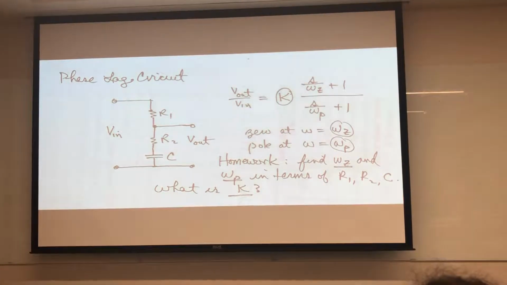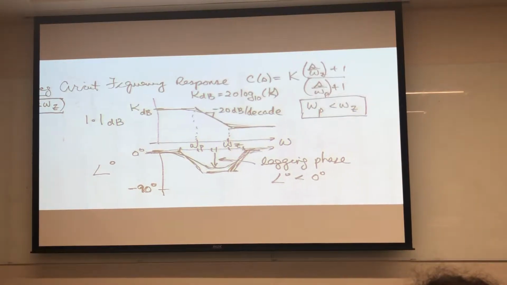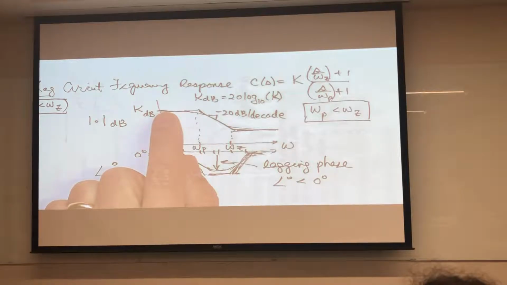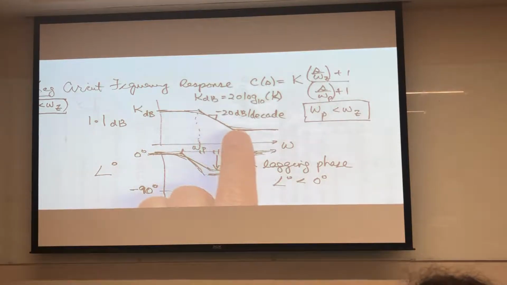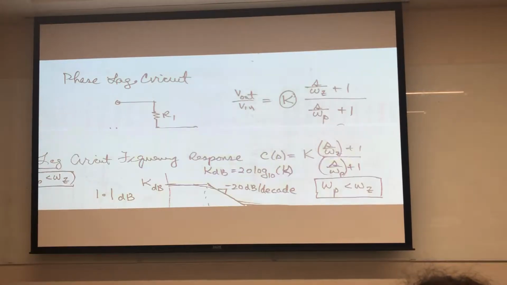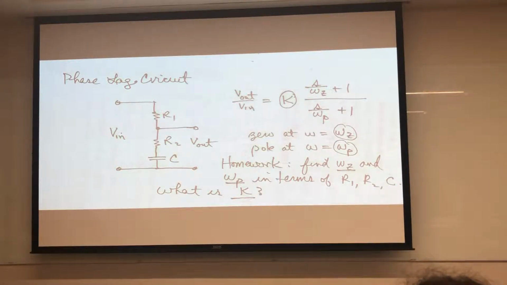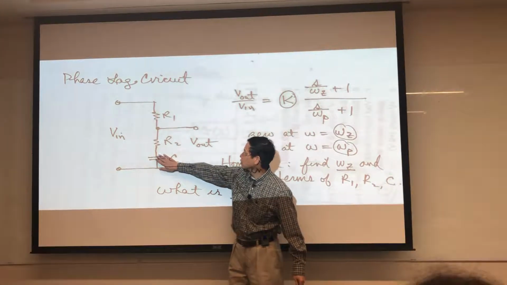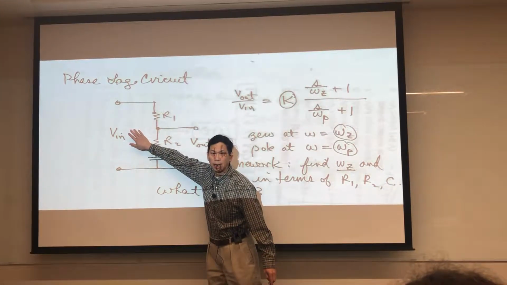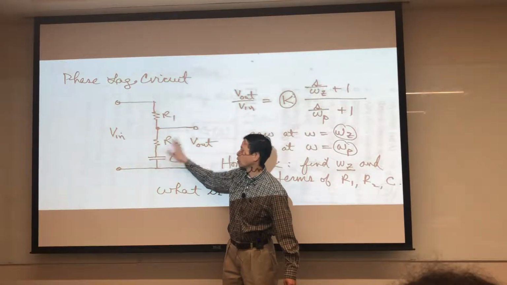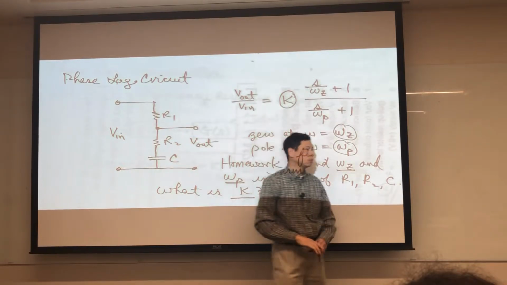At low frequencies, for our circuit, a gain of 1, and at high frequencies, a gain that's less than 1. And remember that we have a capacitor. It takes a little bit of time for the input voltage to charge the capacitor before we get a response. So that's why the output lags the input.